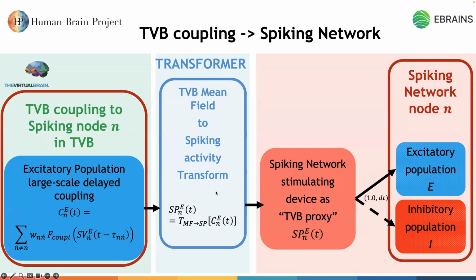What we can also do is send rates directly here, because usually spiking simulators have their own devices that are initialized with rates and can generate spikes. So on the technical side, there are many solutions here, each one with its advantages and disadvantages. Both are possible. We can generate the spikes with our own algorithm and send spikes, or we can just send rates and generate spikes with the devices that every spiking simulator has available.